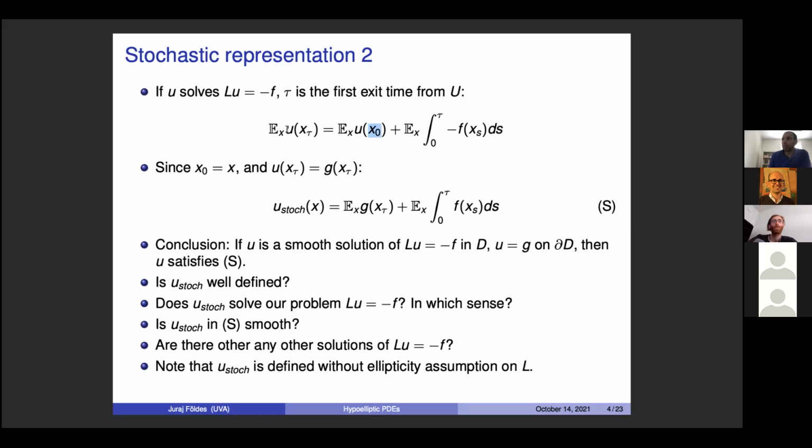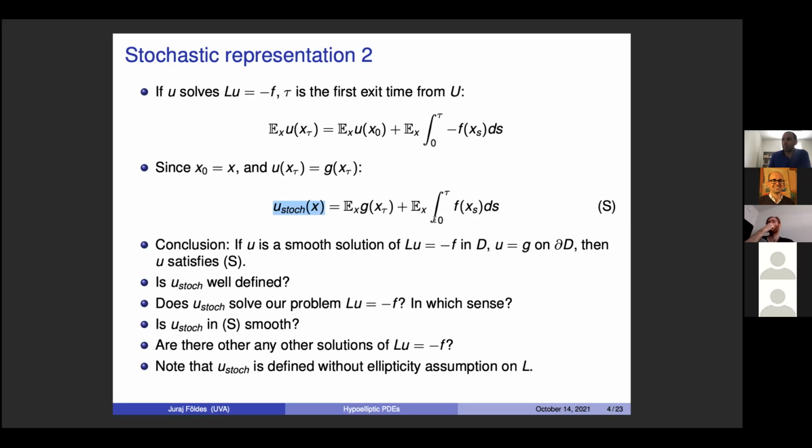I replace this u of X of tau by g of X of tau, and obtain this formula, which tells me that our solution at point x must be equal to the expectation of the boundary process, meaning the expectation of g where I stop, when I hit the boundary, plus the expectation of everything that I was visiting during the time of my travel.